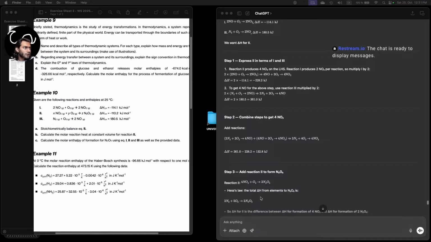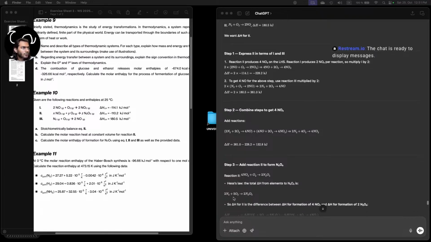The total delta H from elements to N2O5 is 2N2 plus 5O2.